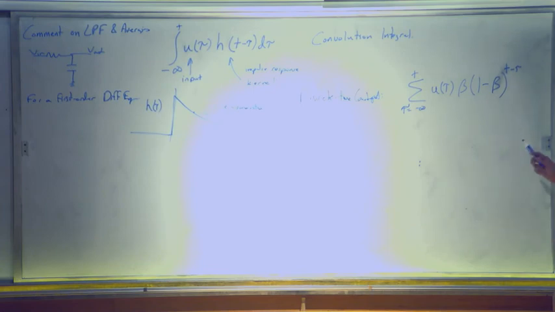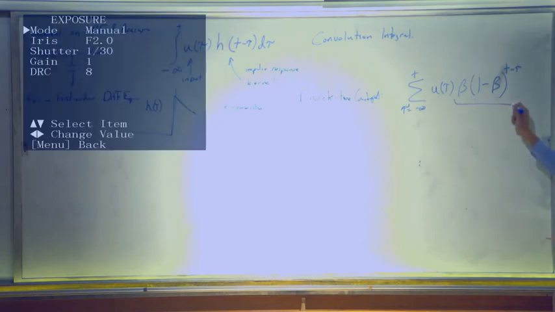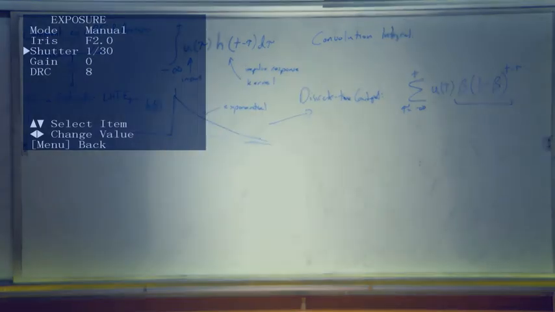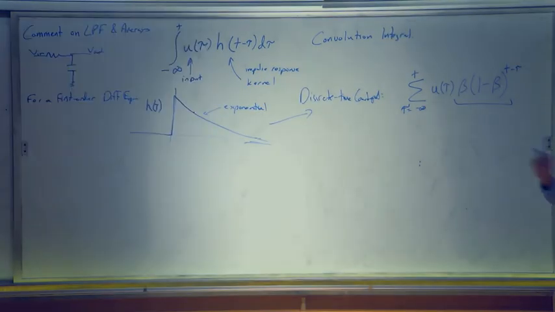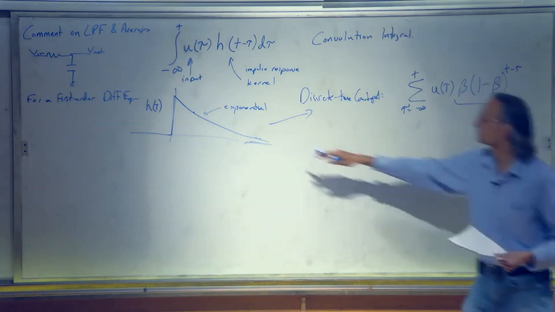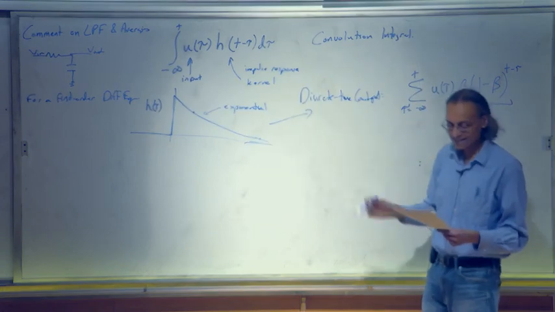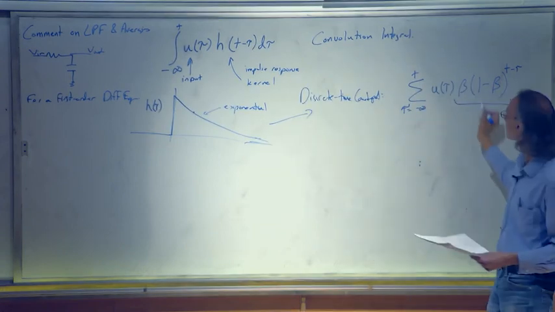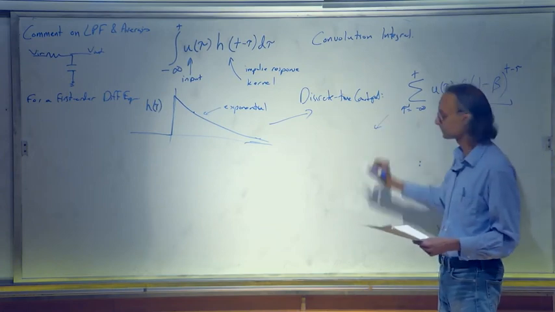You notice this is just a geometric that dies down, and I chose a parameterization that made it an actual average, so it sums up to 1. You have this kind of infinite response that corresponds to this thing. But the nice thing is this solution corresponds to the following difference equation.